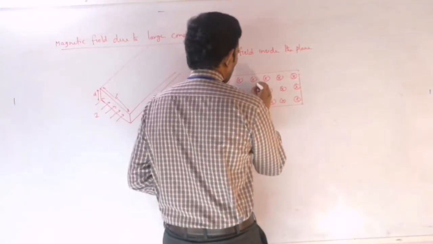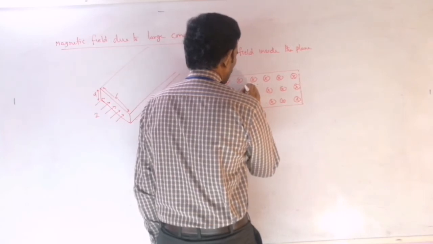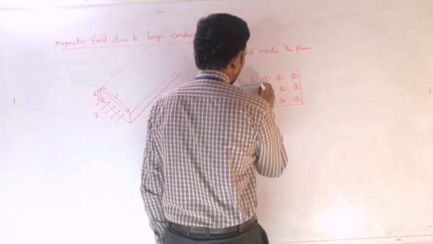Now for an internal point, let us take a point P here. We need to find the magnetic field at this point. For that you may consider an ampere loop passing through that point. Now I am taking this ampere loop like this.